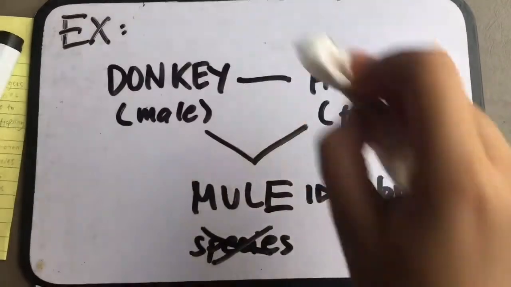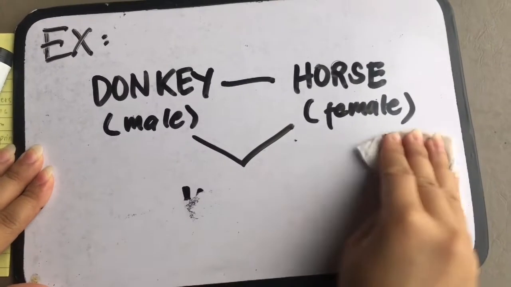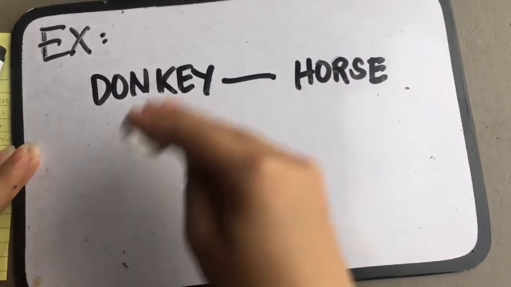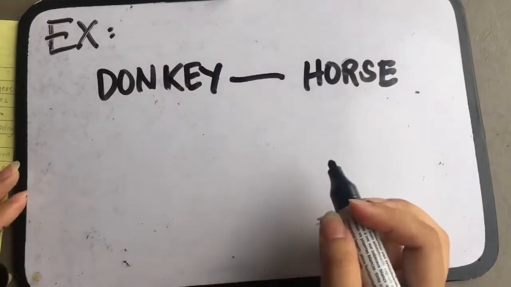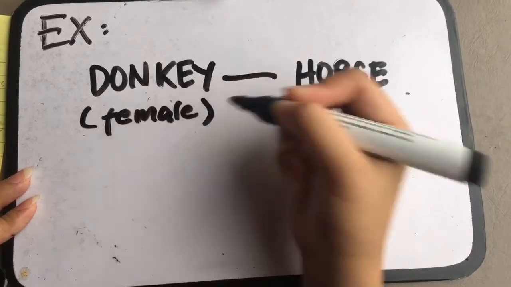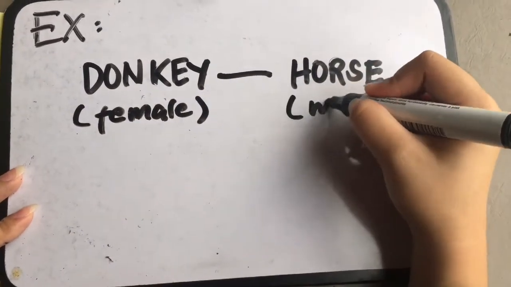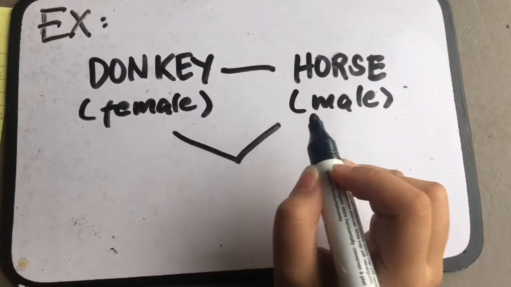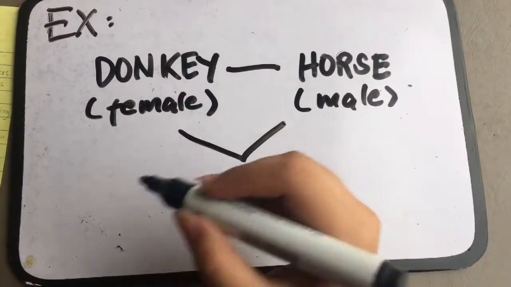So what if it is a female donkey and a male horse? Their offspring is very different from the mule.